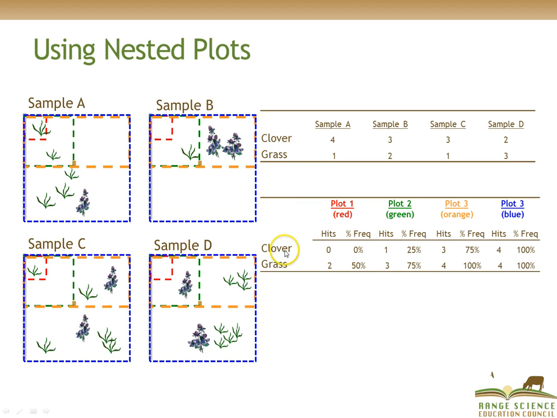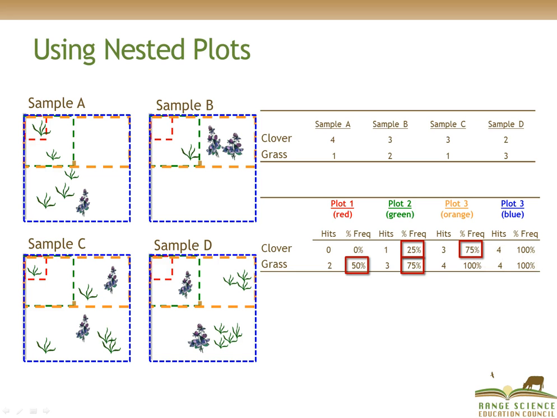So for the clover, with plot size 2 and 3, we have a frequency of 25% for plot size 2 or 75% for plot size 3.